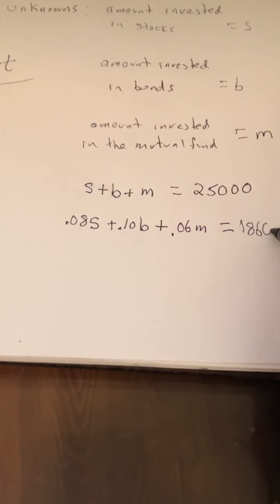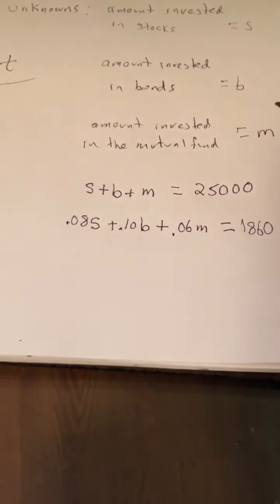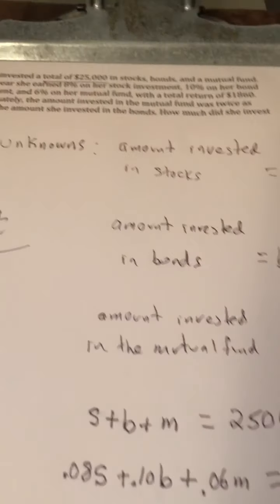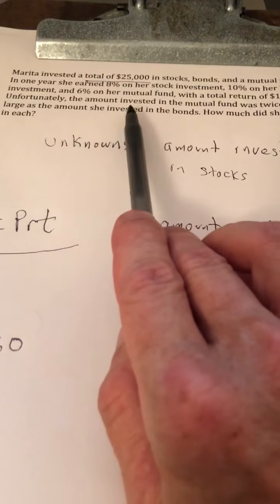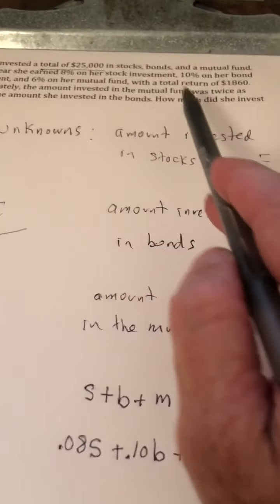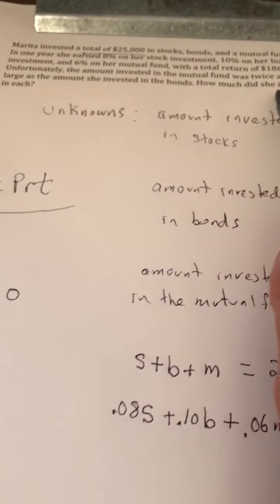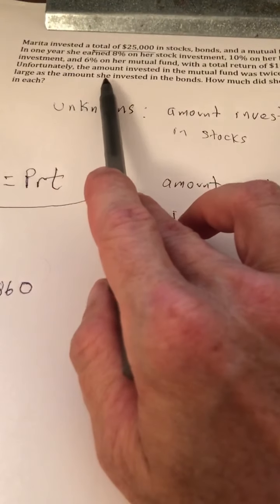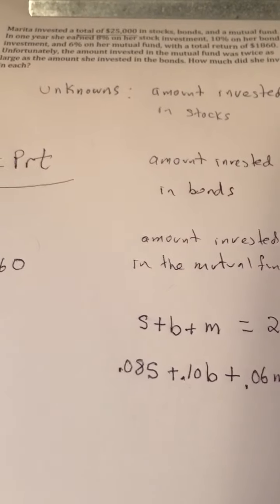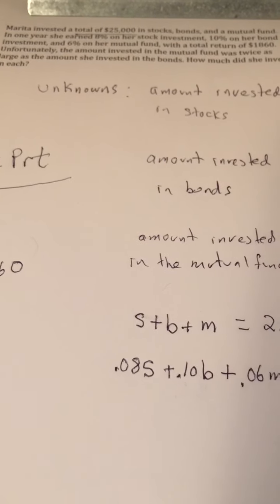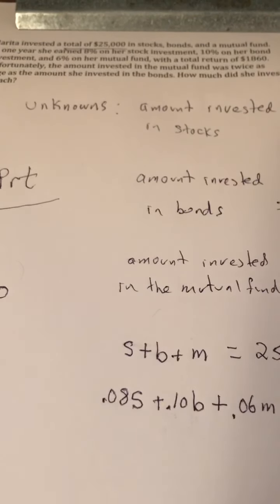So remember, there are three things we're looking for, S, M, and B. We really need three equations, but we have another piece of information here. Unfortunately, the amount invested in the mutual fund was twice as much as the amount invested in the bonds. So we need to translate that sentence to an equation. So we read it again.